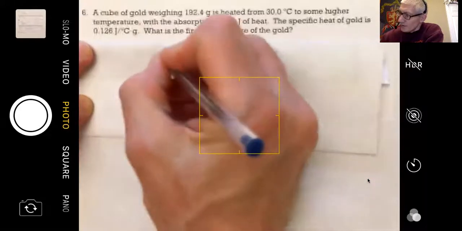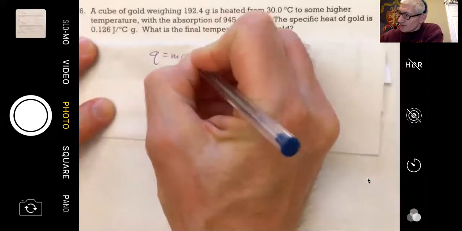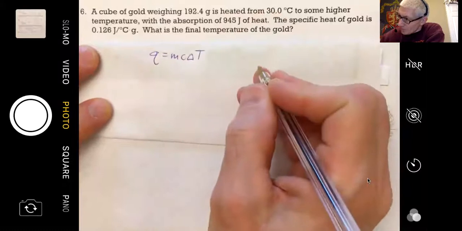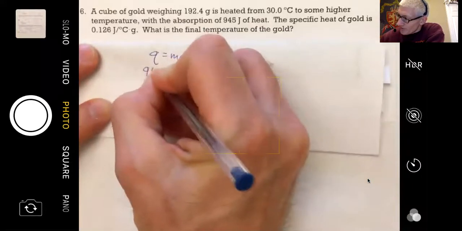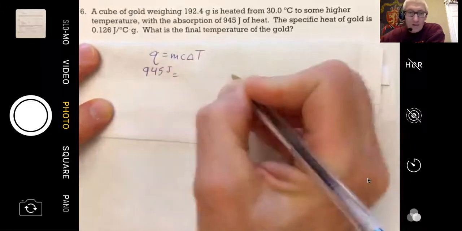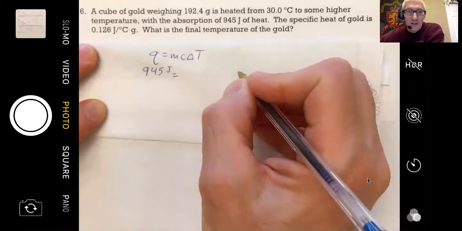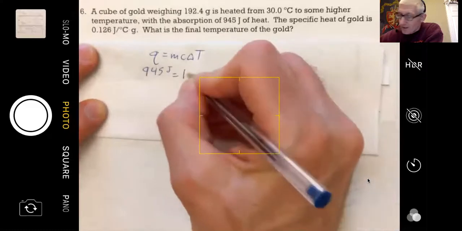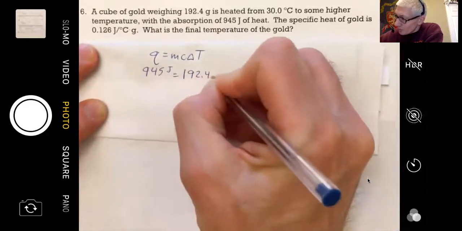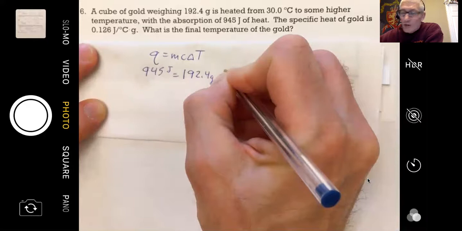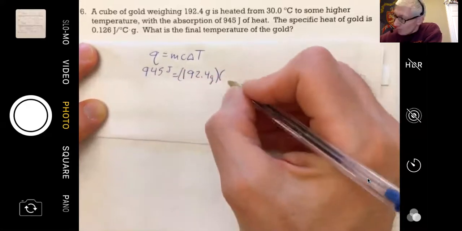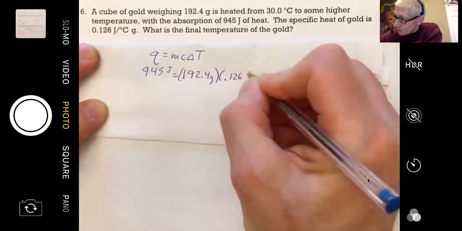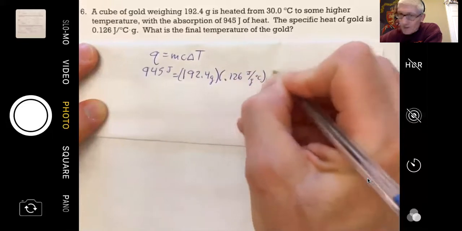So we know Q equals MC delta T. As we work our way from left to right, it's absorbing 945 joules worth of energy, so it gains 945, so that's positive. We know that the mass is 192.4 grams. We know that the specific heat is 0.126 joules per gram degree Celsius.